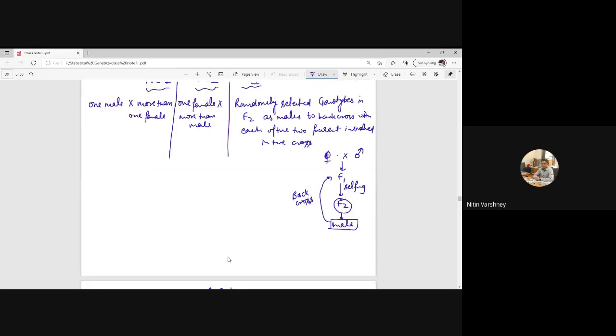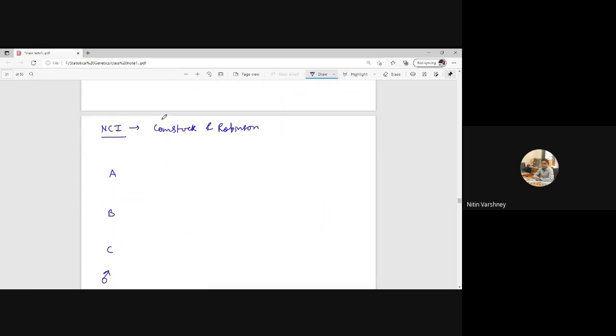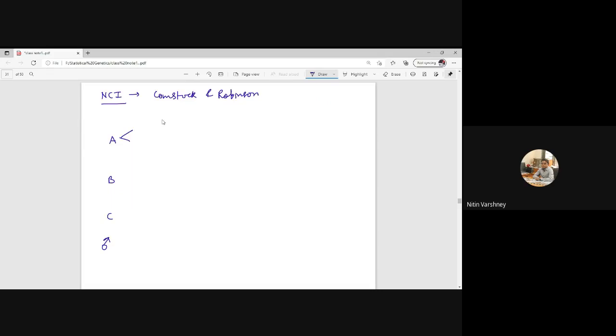So I told you that one male can cross more than one female, and these are more than one female, D, E, F. Just to remember, I have taken this example. So we will get AD, AE, likewise AF. Similarly, B is the male and they can cross with any of the female, GHI, likewise JKL. So one male can cross more than one female. Okay. So this is known as North Carolina Design 1.